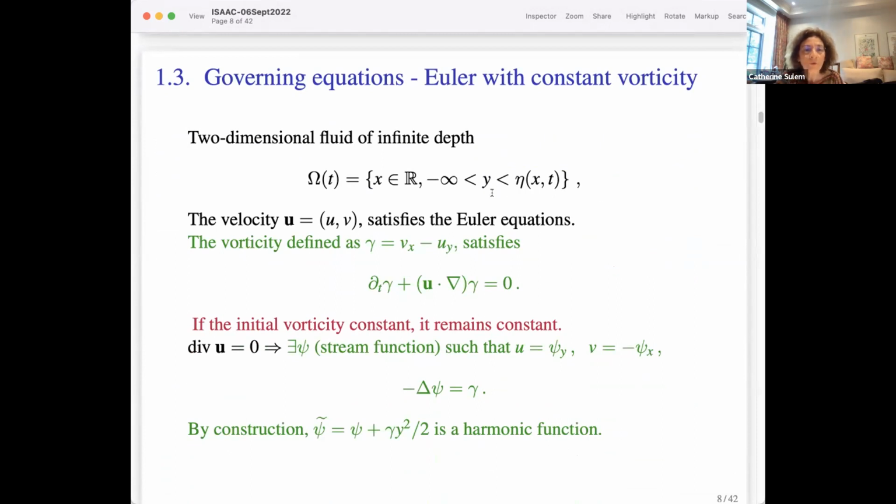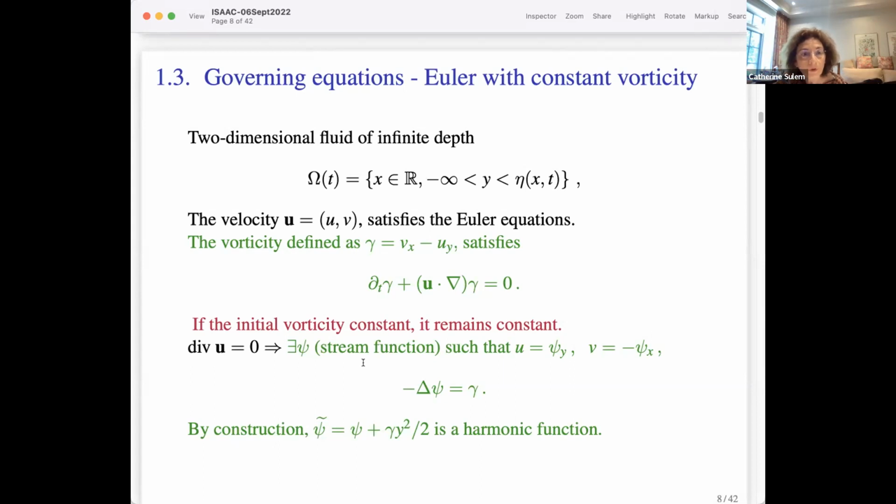So we are in a situation where the fluid is of indefinite depth, so infinite depth, h equals minus infinity, and the vorticity in 2D is denoted by gamma. It's conserved along the trajectories of the fluid, and if it is initially constant, it will remain constant in the two-dimensional setting.